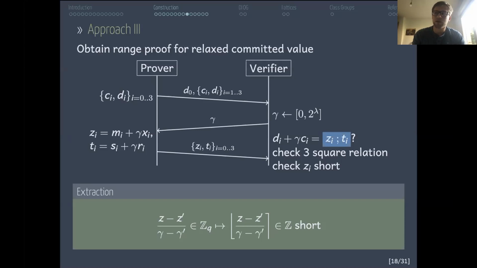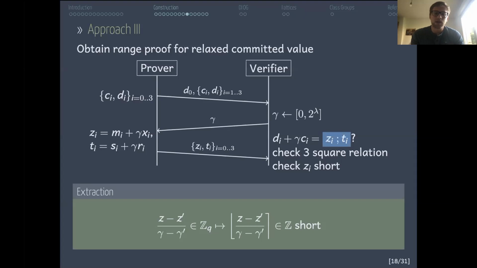Then we have a relation where everything is essentially short integers mod q. And thus in the relation, we don't have an overflow. So the adapted 3-square relation has no overflow mod q.